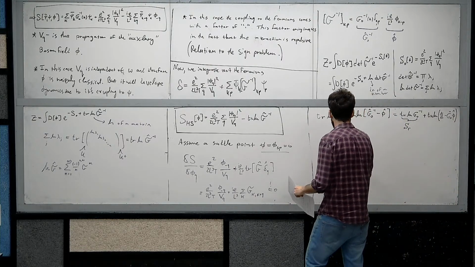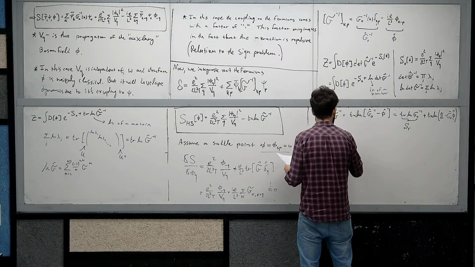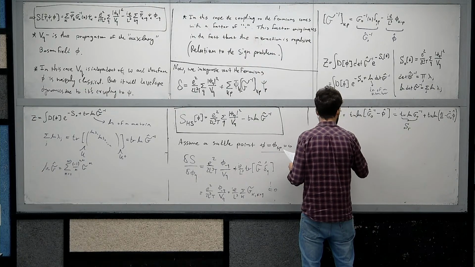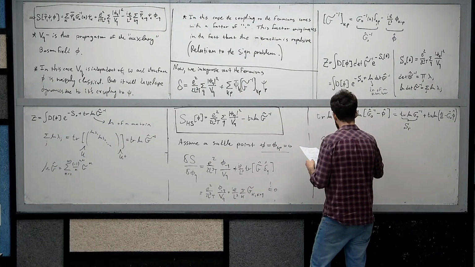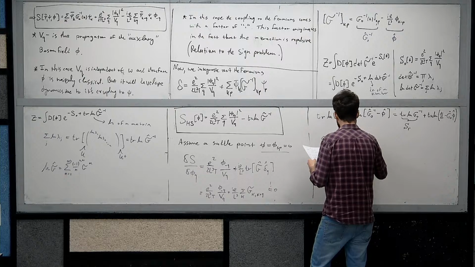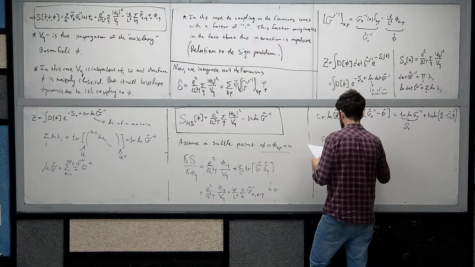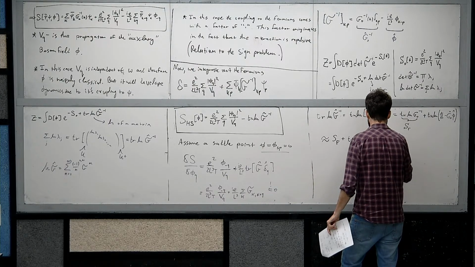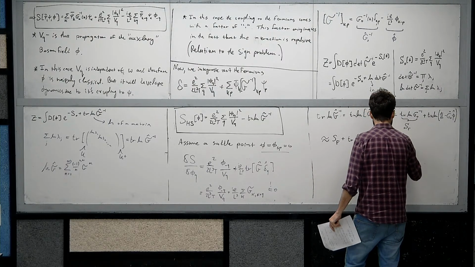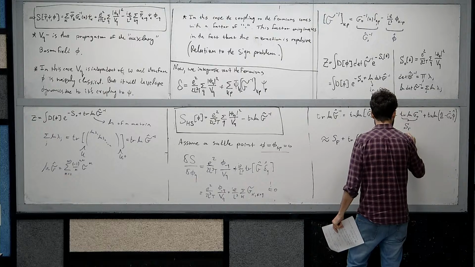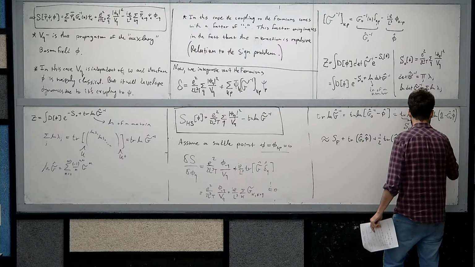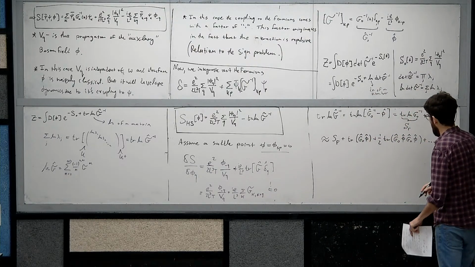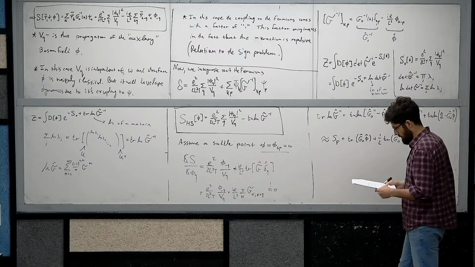So we can expand this. This thing becomes SF plus trace of G naught phi plus 1/2 trace of G naught phi G naught phi plus, and now I can compute each one of them.